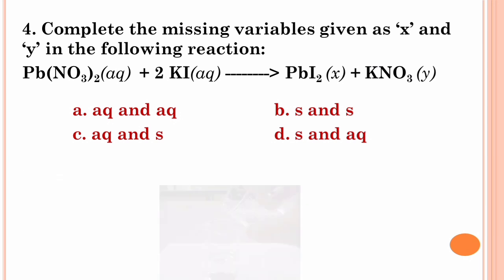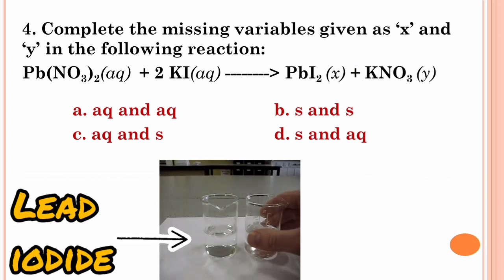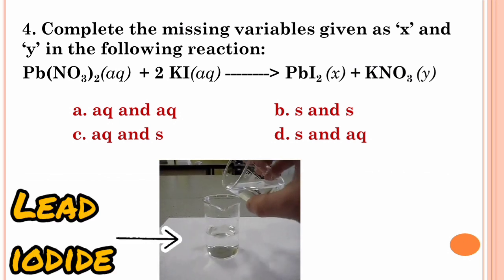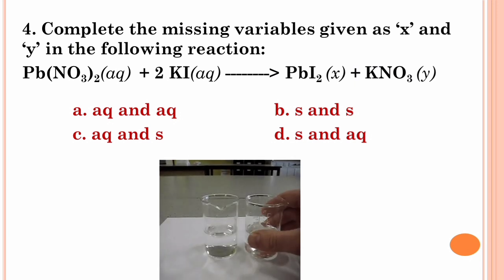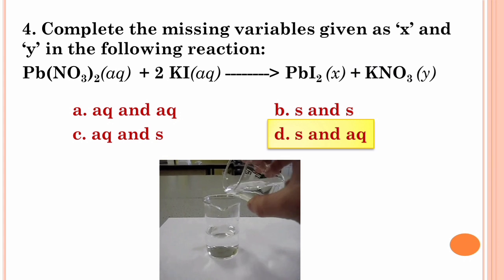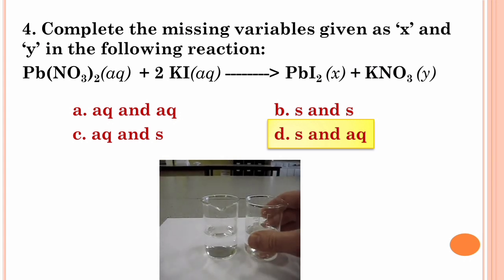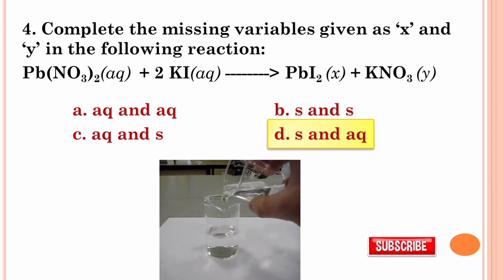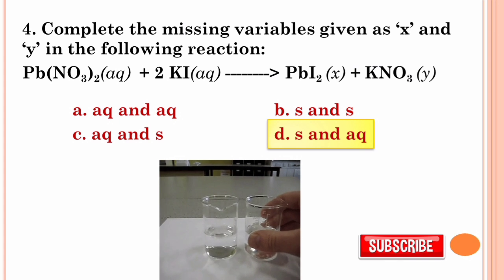And what was the yellow precipitate that we obtained in the reaction? It is lead iodide. So lead iodide is the precipitate which is in solid form. So X is solid. And potassium nitrate is obtained in the aqueous form. So Y is aqueous. And hence the correct option for this answer is option D, s and aq.